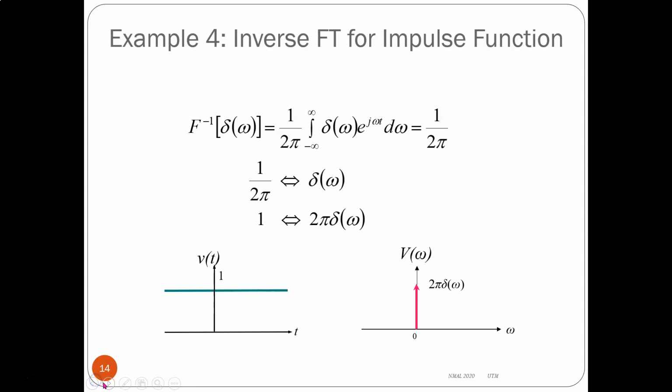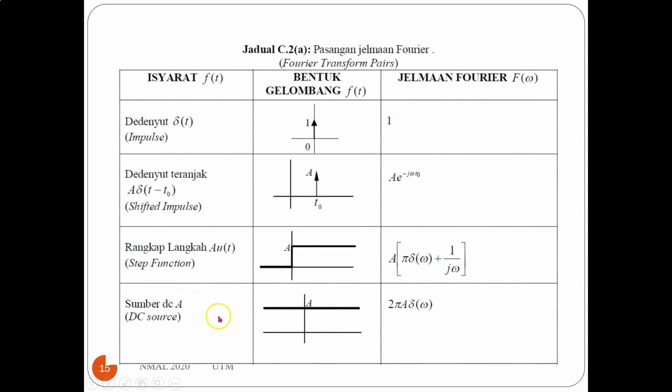Before I show you how to solve some examples, I'm going to show you the table of C2a, which is given in the list of formulas. There are some time domain functions with their Fourier transform pairs. For example, just now we already obtained the Fourier transform for delta t, which is the impulse function, and this is the time domain function.